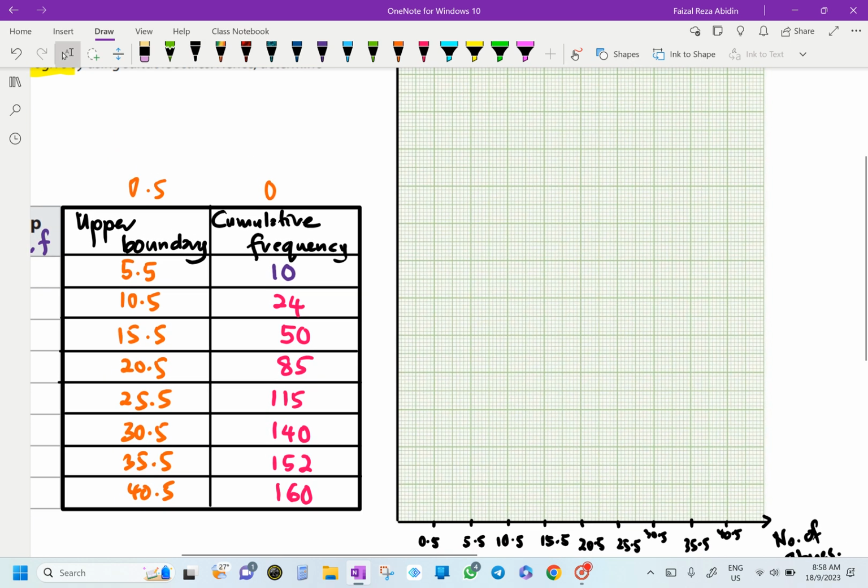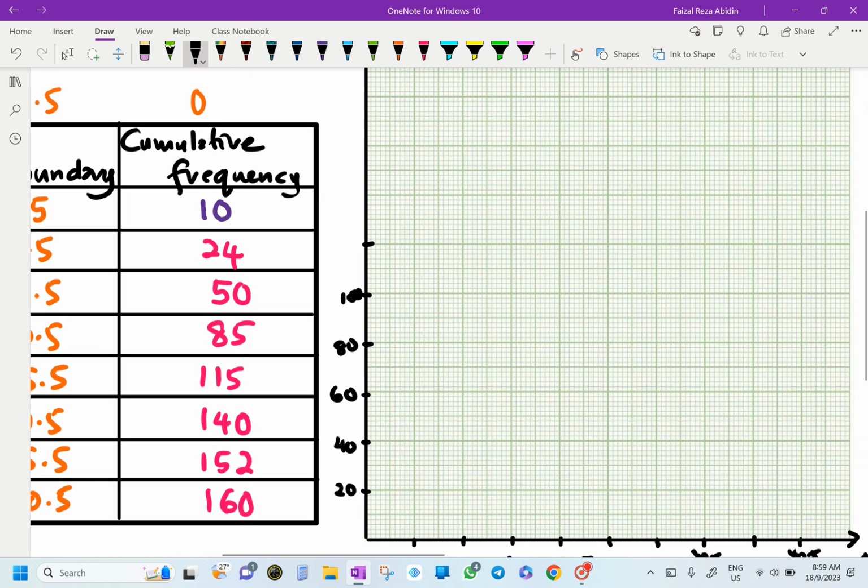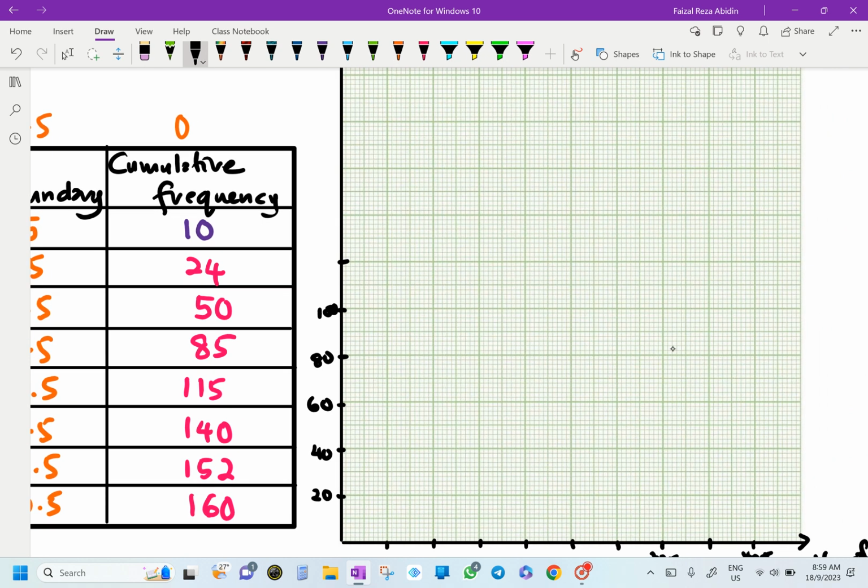Okay, next, for the cumulative frequency, what are you going to use? Can you use 20? 10 is not enough, because we are going to have until 160. So for 2 centimeters, I'm going to get 20, 40, 60, 80, this one going to be 100, 120, 140.